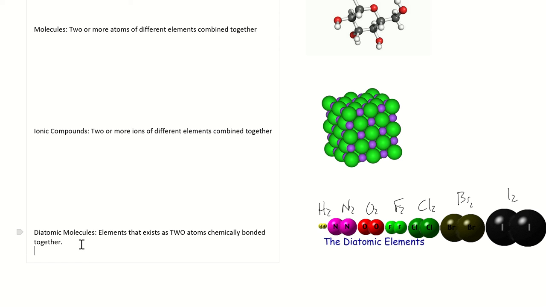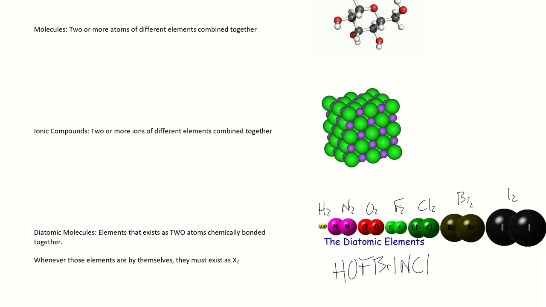Whenever those elements are by themselves, they must exist as that element with two bonded together. A good way to remember this is you can rearrange the order of those elements to get an acronym that we pronounce Hofbrinkel. So sometimes we hear these referred to as the Hofbrinkel elements.